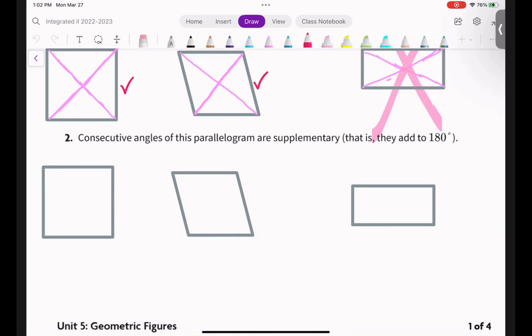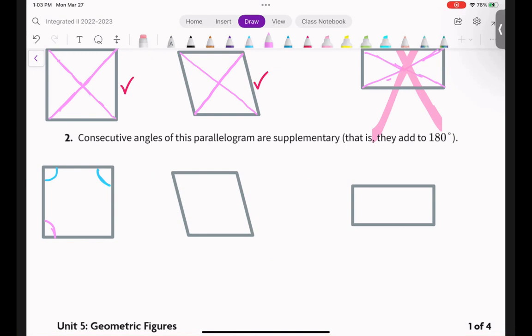So in terms of angles, if I said I want you to look at this angle right here, who's consecutive to that angle? Yeah, the one right next to it. Either this one or this one. Consecutive angles are the ones that are right next to it.